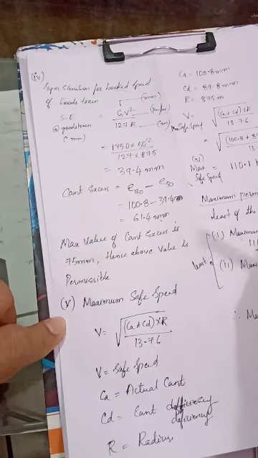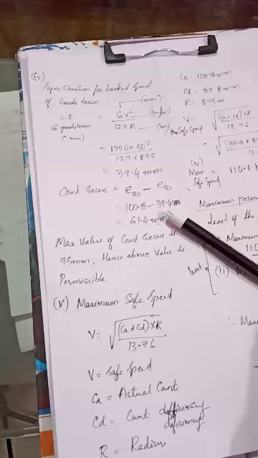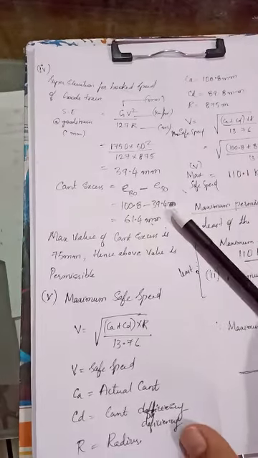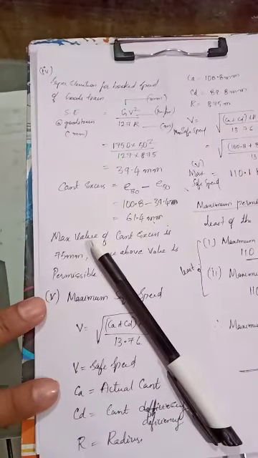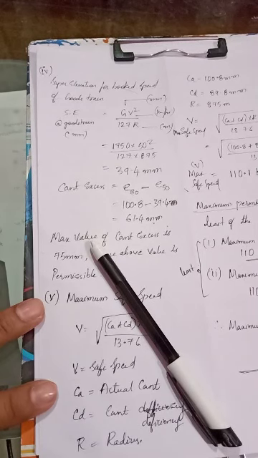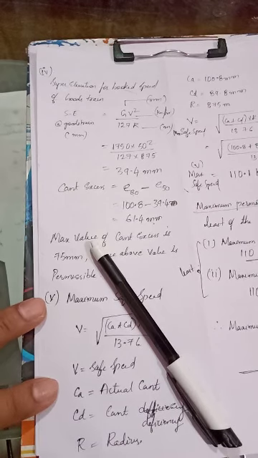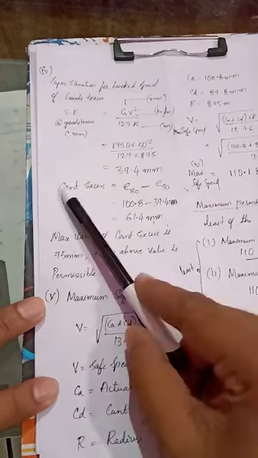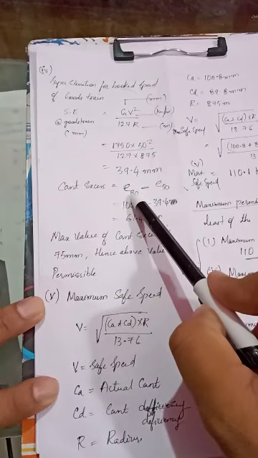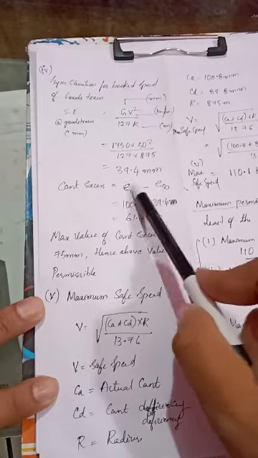Now Kant excess. We have seen that Kant deficiency occurs when a train travels with a speed greater than the equilibrium speed. When the speed of the train is lower than the equilibrium speed, Kant excess occurs. So Kant excess is equilibrium speed 80 minus goods speed 50.